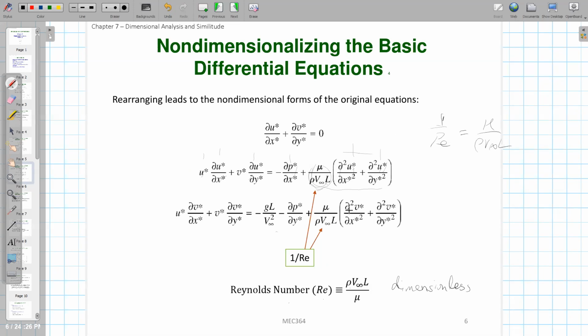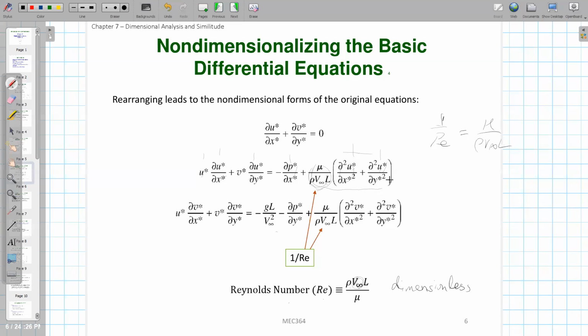Like if you have a high speed air fighter flying, the Mach number is large. When I say Mach number is large, this v is very large. So when the velocity is very large, usually your rho times v times L over mu is large, right? So when Reynolds number is large, usually for those aerodynamics problems, we usually neglect the viscous force, because the Reynolds number is big.